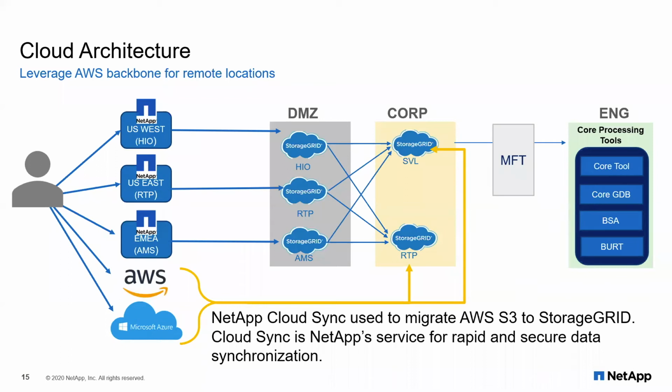When ONTAP object storage is available, and if it becomes available for Cloud ONTAP, we, as Customer 1, will look into replacing AWS S3 with Cloud ONTAP S3. That concludes my presentation.